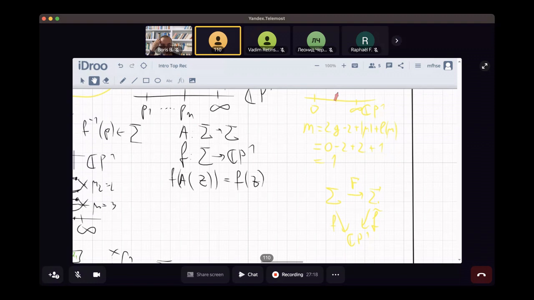We have a finite number of ramification points, where we can have something else.